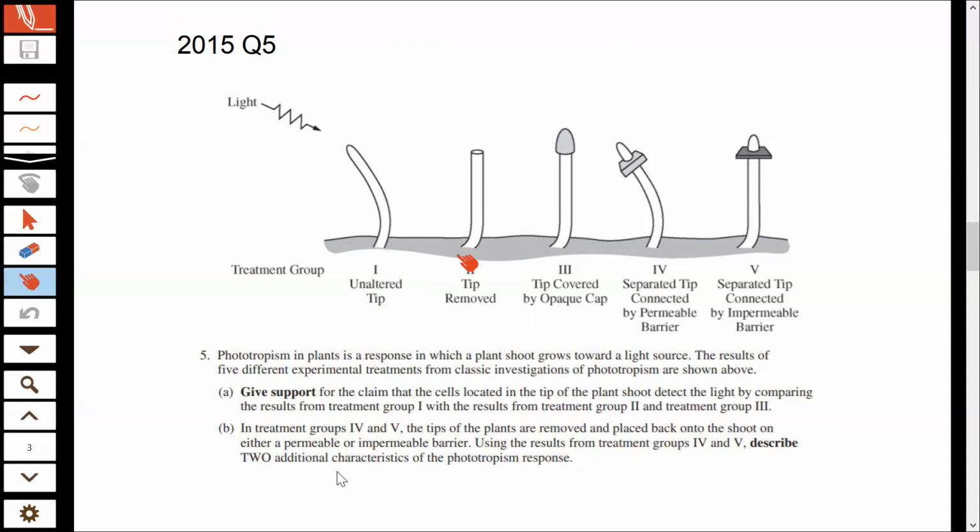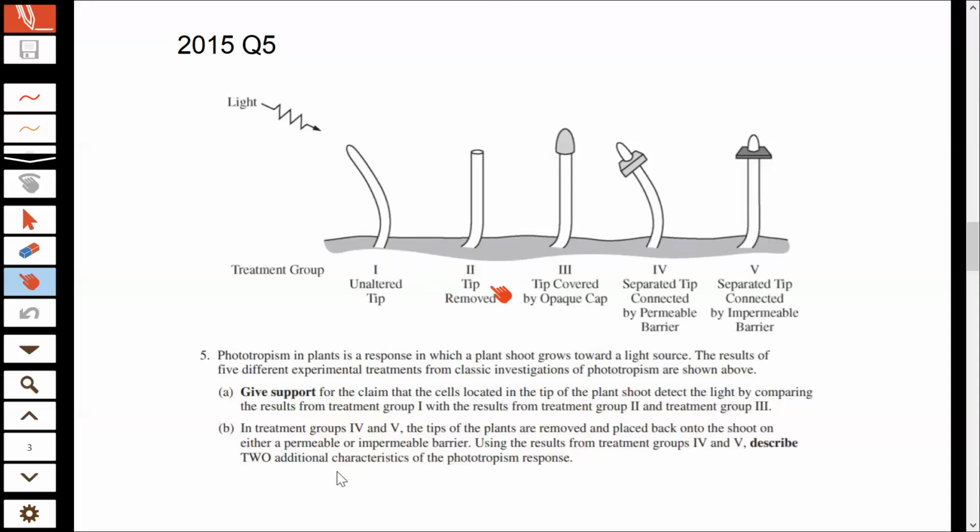Now, if we look at groups 2 and 3, both of these show no phototropism. They're both completely straight. They don't bend towards the light source. The difference, so let's first look at groups 1 and 2, is that group 1 has a tip and group 2 does not.